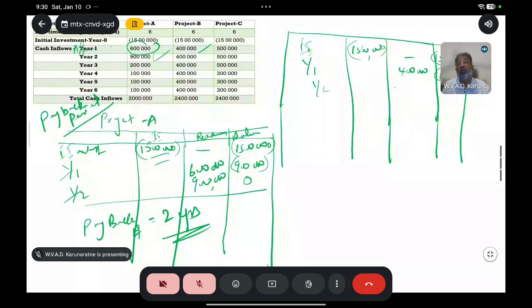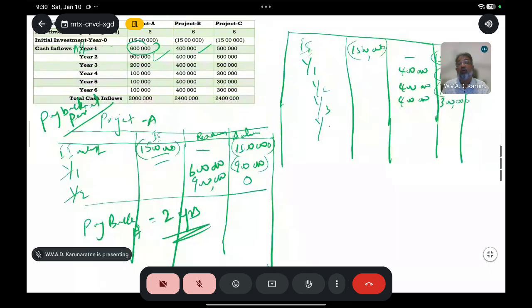Year 2, again 400,000, the balance after reducing 400,000 from 1,100,000 is 700,000 negative. Year 3, again 400,000, and the balance is 300,000.